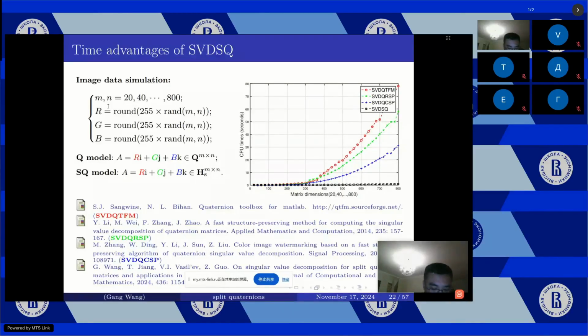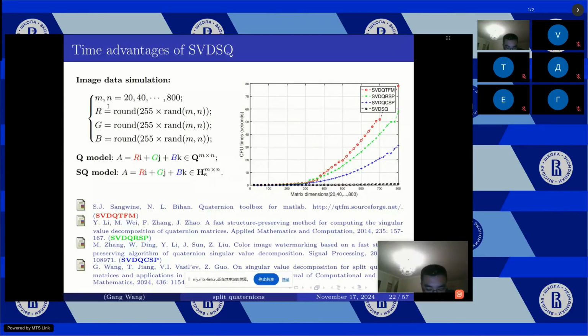In MATLAB, we simulated color image data with varying pixel size ranging from 20 to 800, with pixel values between 0 and 255. The round function is a built-in rounding function, where rand creates random numbers between 0 and 1.